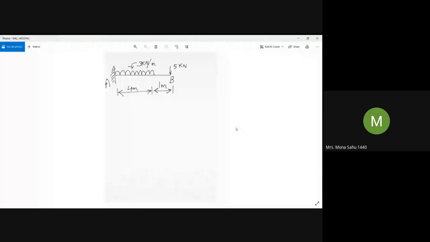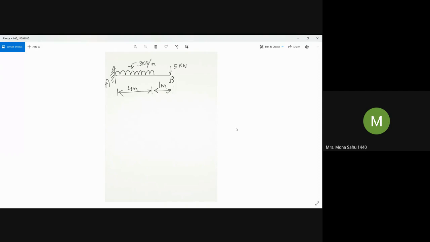So this is the problem that we're gonna do. Can you all see the screen? Please respond. We don't have time. Yes, ma'am. So please draw this diagram. Take the middle point as C. I didn't write that. And let's do the SFD.